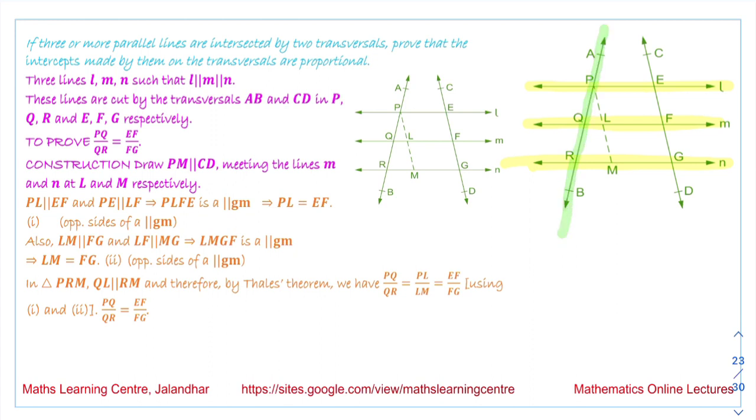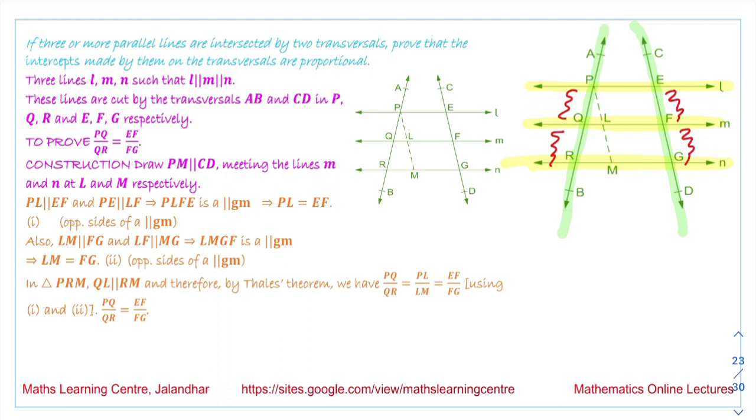This is one transversal, this is another transversal. We have to prove that the intercepts made by them on the transversals are proportional. That is, we have to prove that PQ over QR is equal to EF over FG. We have to prove this thing.